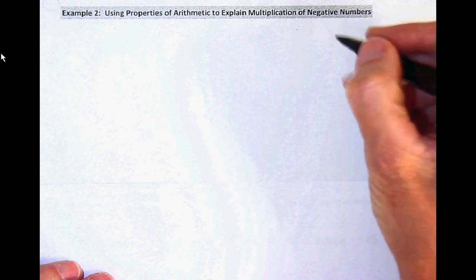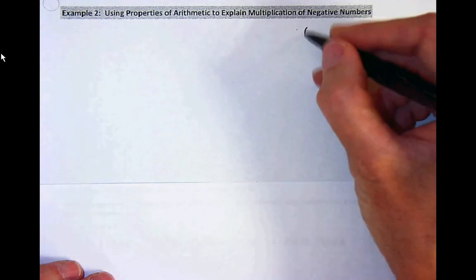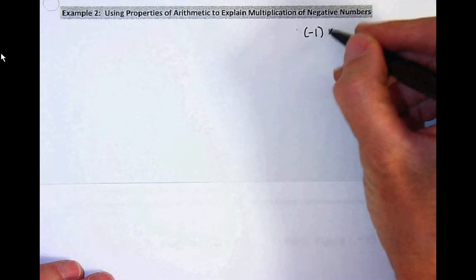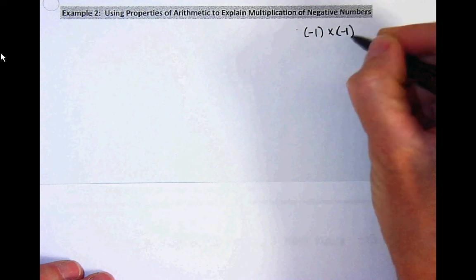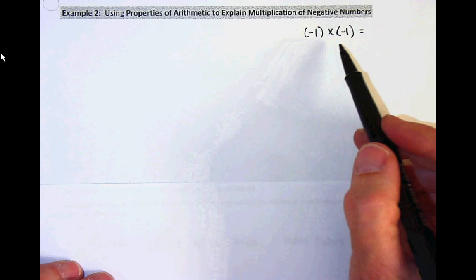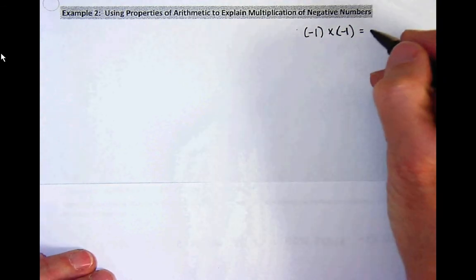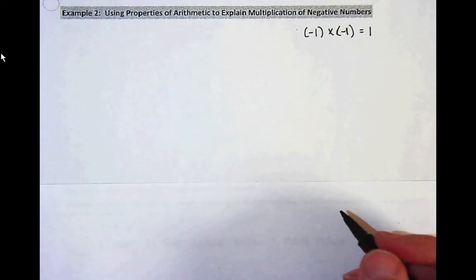So what is minus 1 times minus 1? If I take away a card with a value of negative 1, then I'm increasing my score by how much? 1. And if I add a card with a value of positive 1, then I'm also going to get 1.